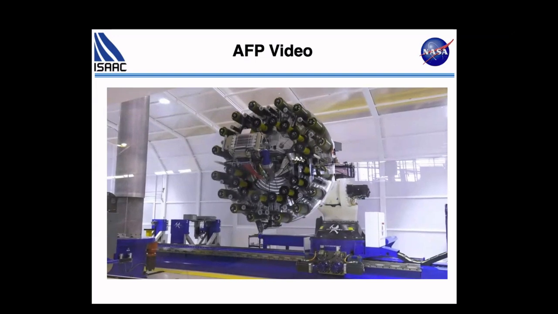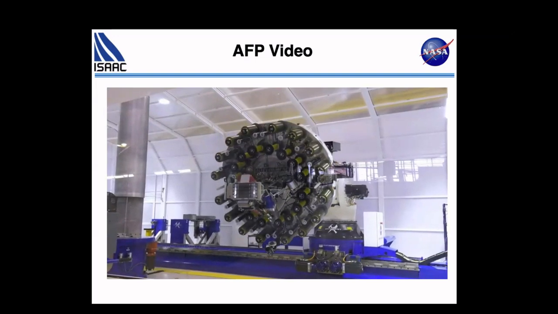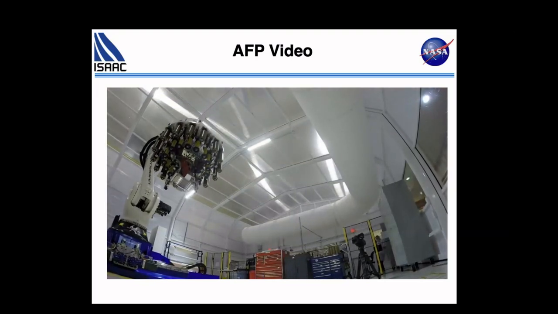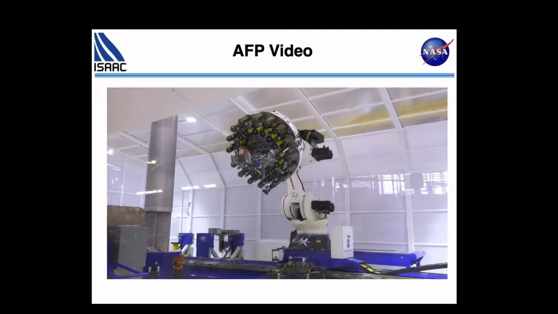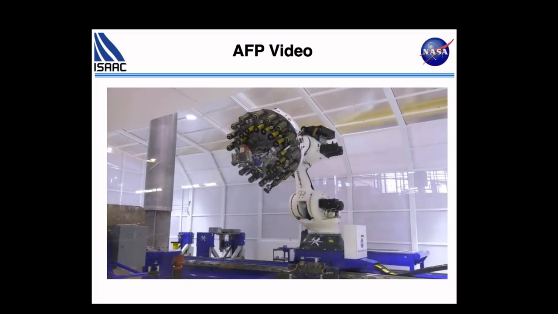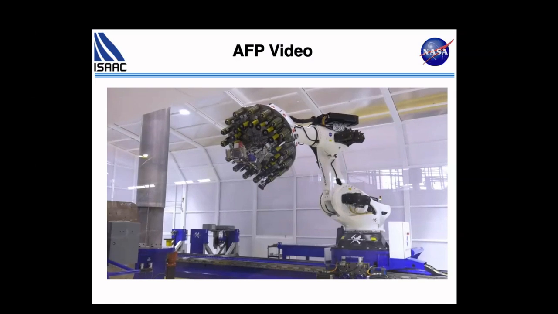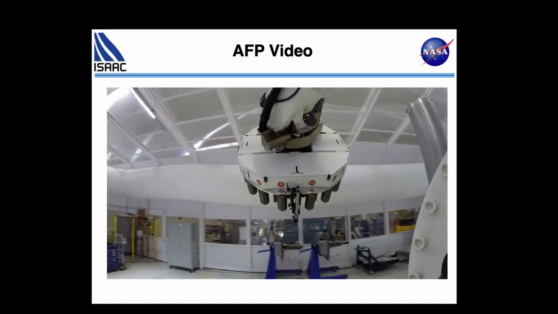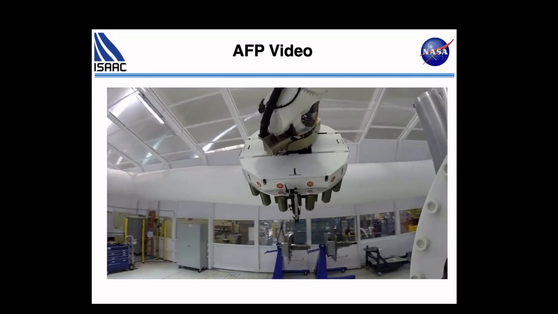So you can see from here the spools and the take-up reels on the robot, and that's a good image of the infrared heater that we have on the end. This is actually really cool to see in person. That head weighs about 1,000 pounds, and it stays absolutely stable. That's one of the really nice features of the robot.